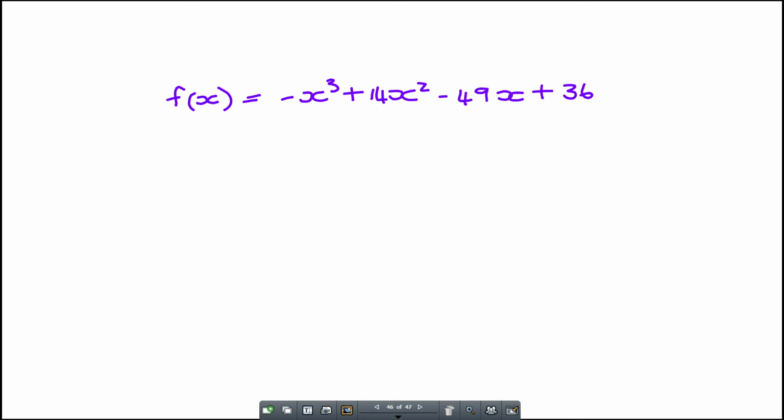Okay, so first derivative, dit het ons by stap 4 gehad, that was minus 3x squared plus 28x minus 49. Nice, you guys good with that?